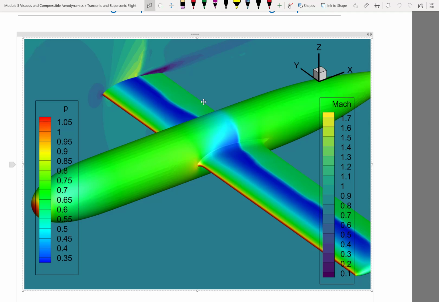Anybody want to guess what's happening here? Think about what we studied last week. It is turbulent flow, but why? Separation, right? Why would the flow separate exactly here?